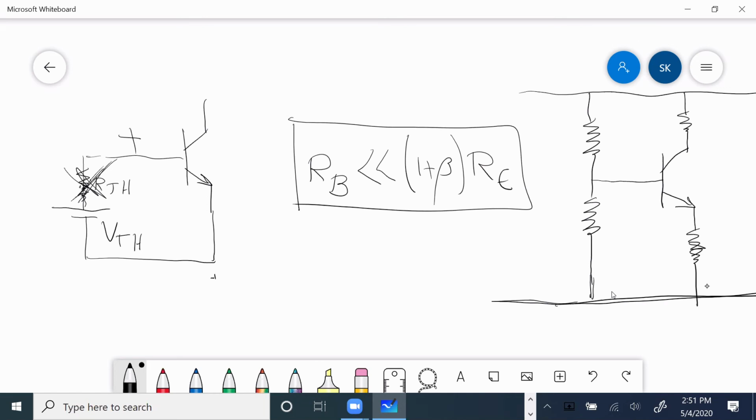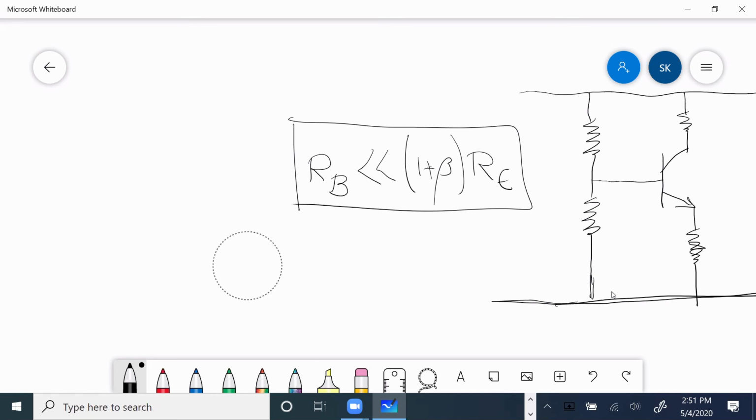I don't expect you to do that proving, but for you to understand why RB should be much less than 1 plus beta RE, please go back to that lecture where we discussed this in some detail.